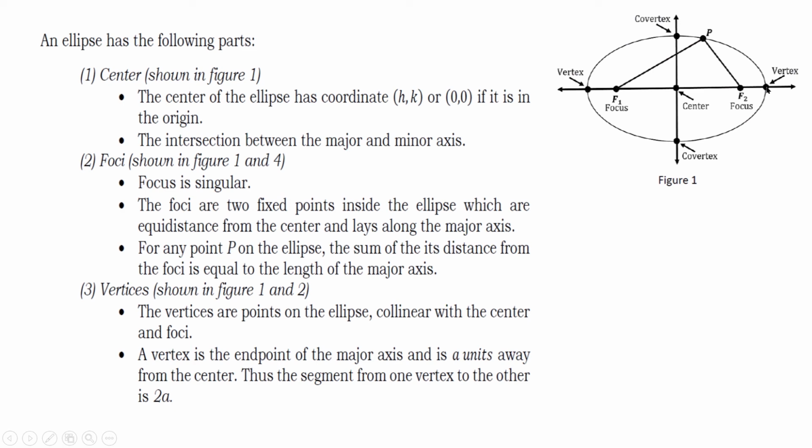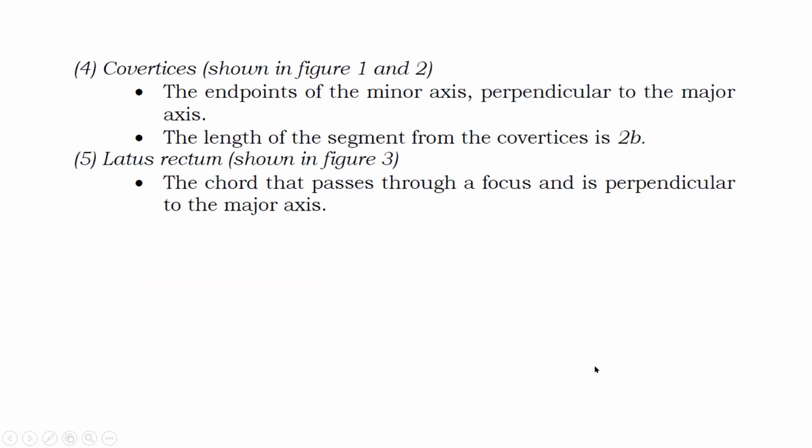A vertex is the endpoint of the major axis and is a units away from the center. Thus, the segment from one vertex to the other is 2a.